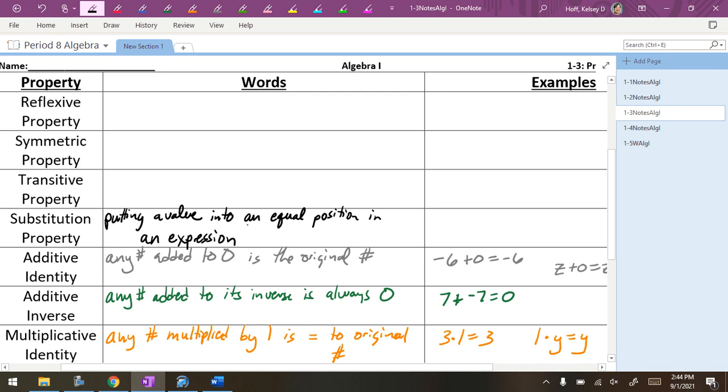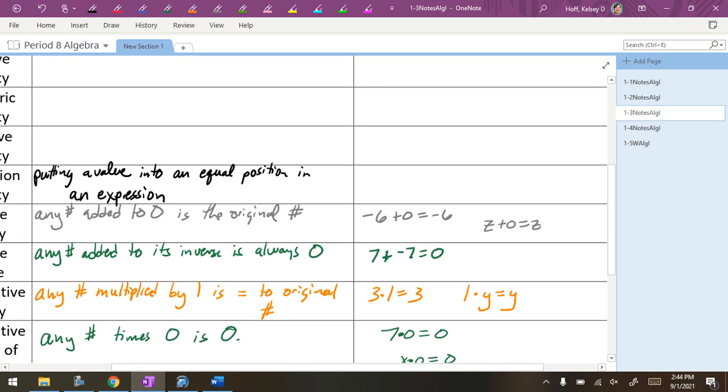Putting a value into an equal position in an expression. So this would say something like 7 plus x, if x equals 3, then 7 plus 3. X is equal to 3, so we know they're equal, then I can swap them out.